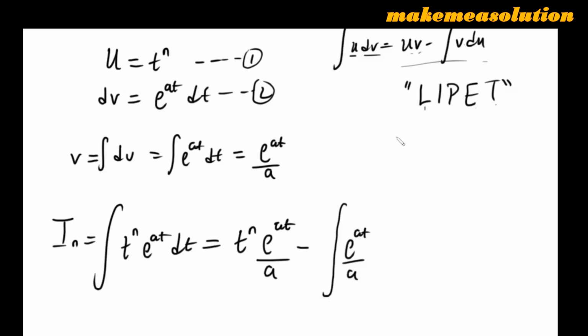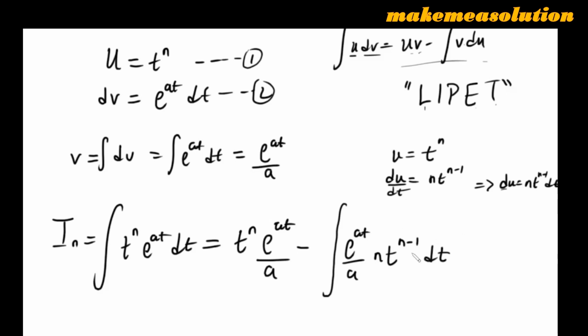So how do we get the du? Remember, u is equal to t raised to the power of n. So du dt is equal to n t to the n minus 1. The implication is that du is n t to the n minus 1 dt. Okay, so just do normal differentiation.